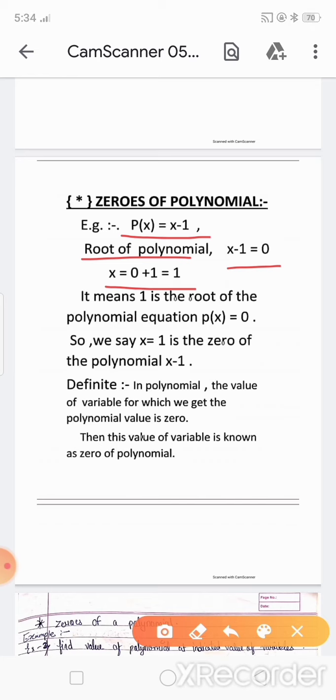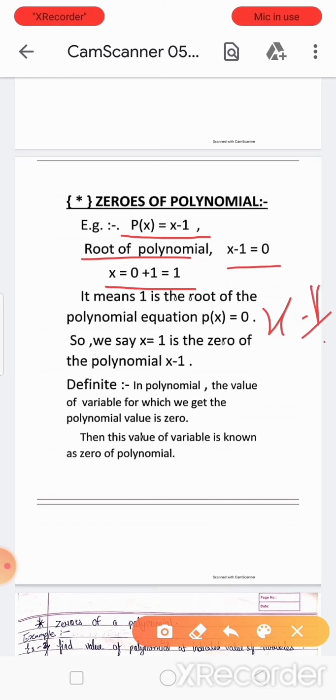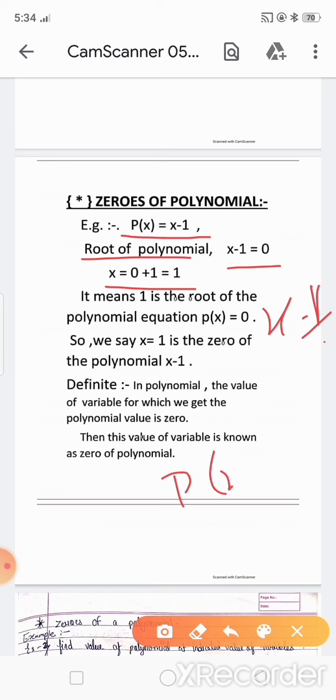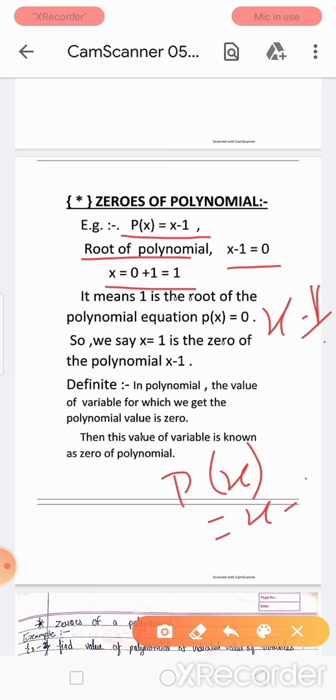x is equal to 1 means that 1 is the root of the polynomial equation p of x equal to 0. How do we say this is the root of a polynomial equation? We substitute x equal to 1 in this polynomial p of x is equal to x minus 1.